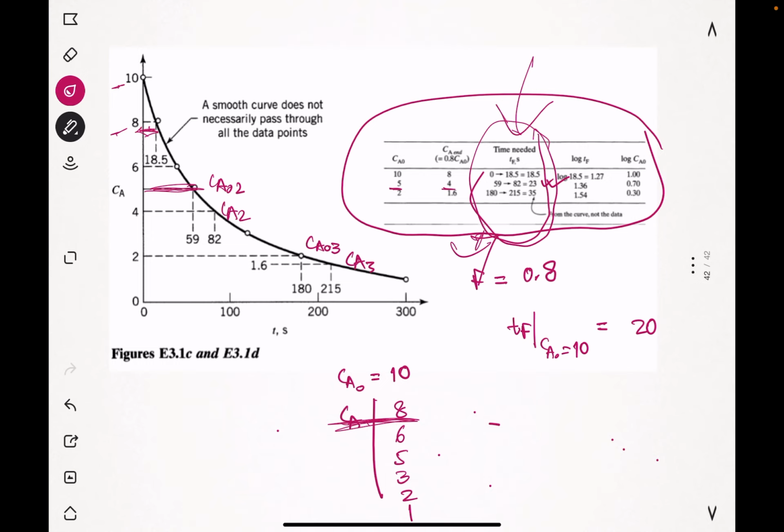So now from the curve, we have 3 values of CA0 and 3 values of TF. So we have these values. Now let's look into this fractional life method equation.